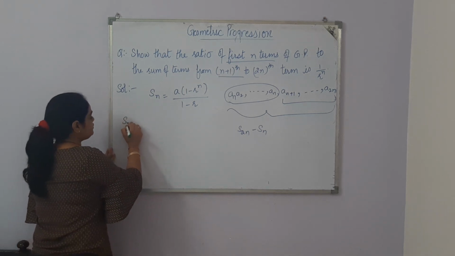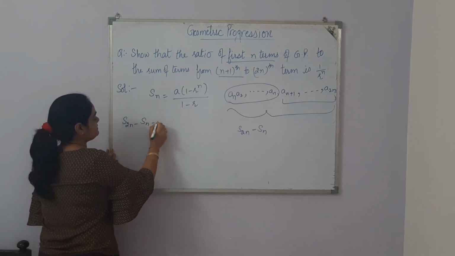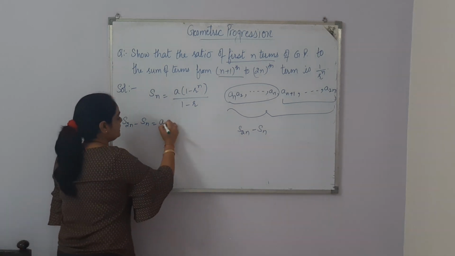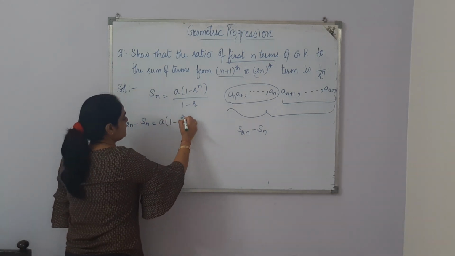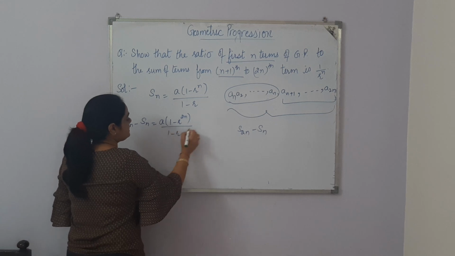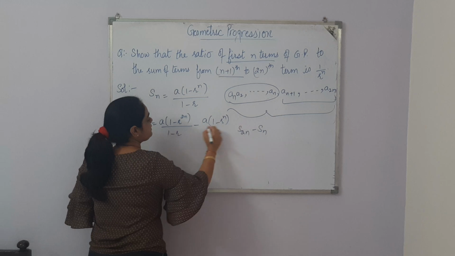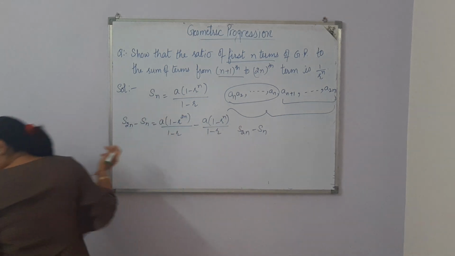Now we need to find S2n minus Sn. Here the number of terms is 2n. The formula is a into 1 minus r raised to power 2n upon 1 minus r, minus Sn, which is a into 1 minus r raised to power n upon 1 minus r.